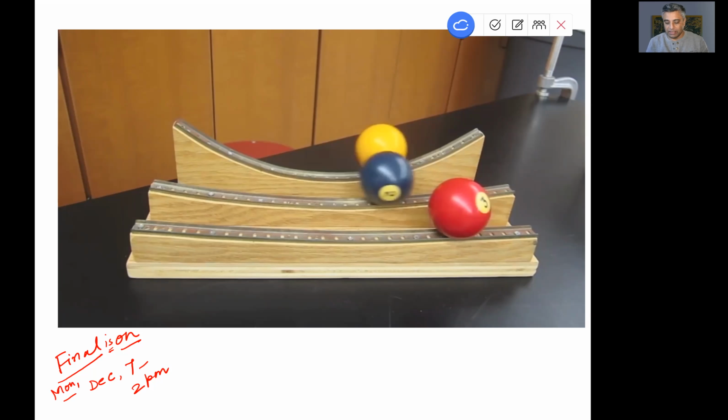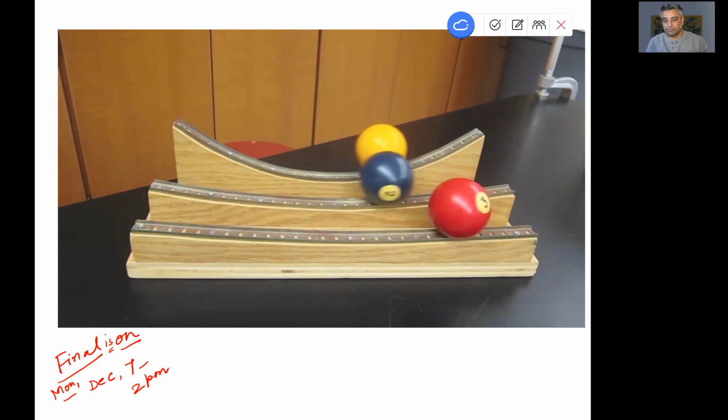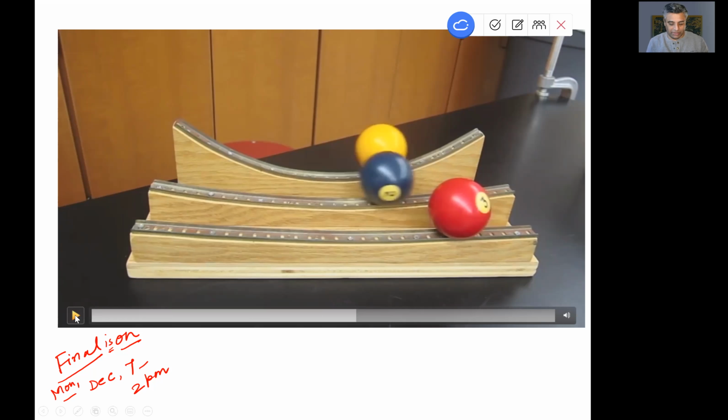How it's built. So looks like yellow is oscillating fastest, and so on. So the time it takes to go all the way and back to the same place, we call that the period of oscillation.